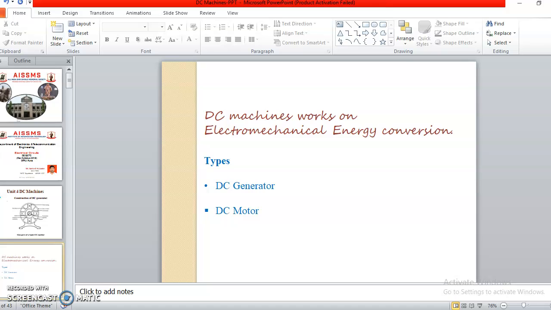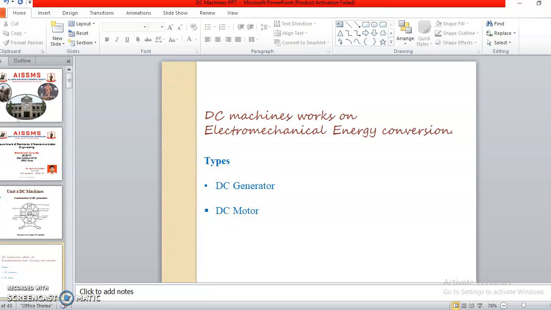Based on this electromechanical energy conversion, DC machines are further classified into two: the DC generator as well as the DC motor. The basic definition: an electrical machine which converts mechanical energy into electrical energy is called a DC generator.